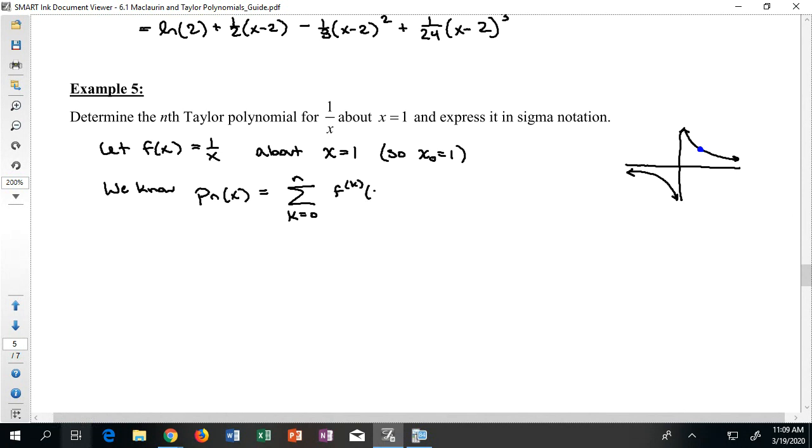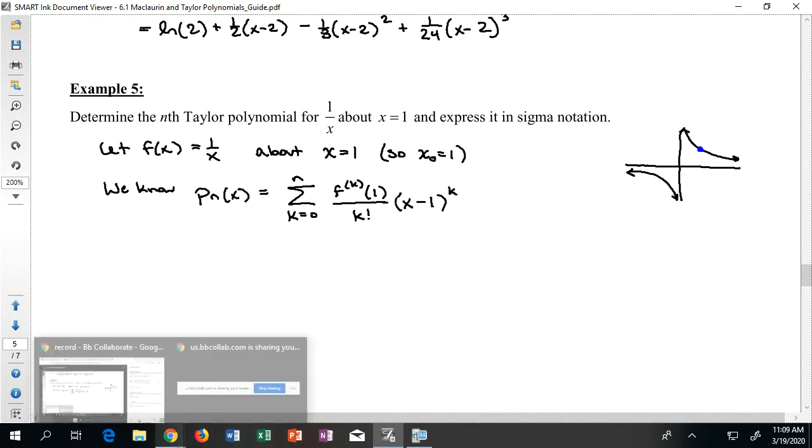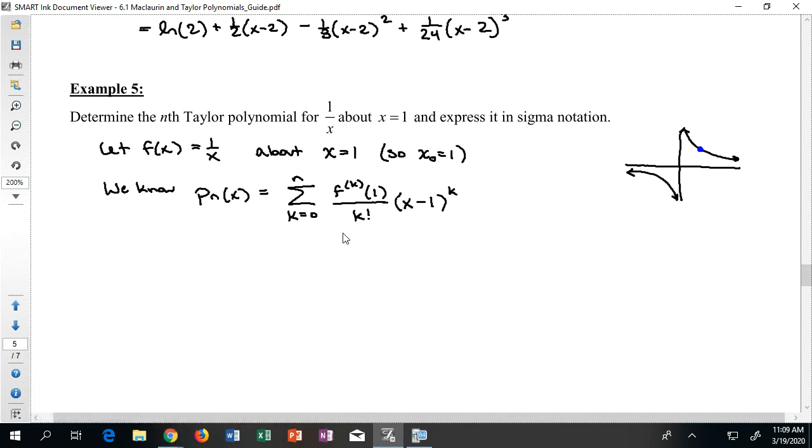It's going to be take the kth derivative, plug in 1, and then divide by k factorial. And then I'm going to have my x minus 1 to the power of k. Again, this is my formula for my coefficients sitting up here in the front, and here's just my shift for my x's being raised to new powers. So I can push everything over to be centered at 1.